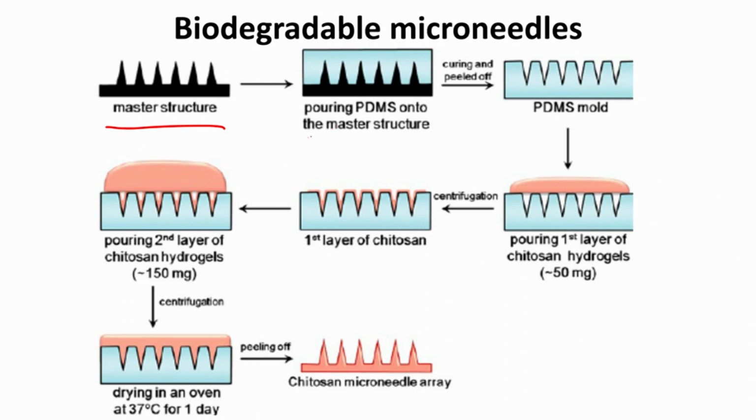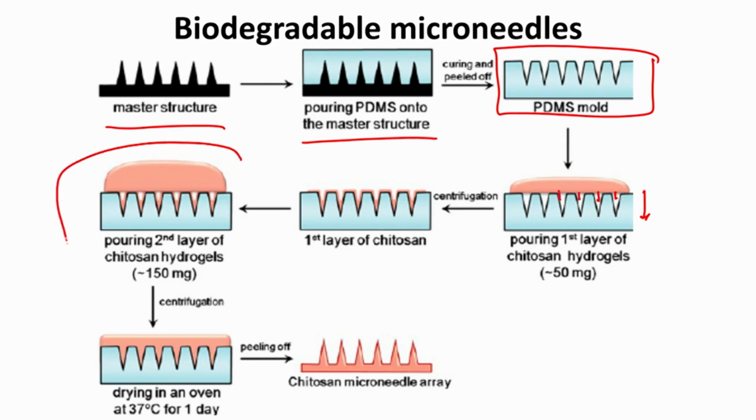You pour PDMS, which is a polymer that cures and takes the shape. When you take this polymer off, you get a mold like this, and then you can come in with whatever polymer you want to make it out of and just pour it over it, and give it some centrifugation so that these cavities get filled.